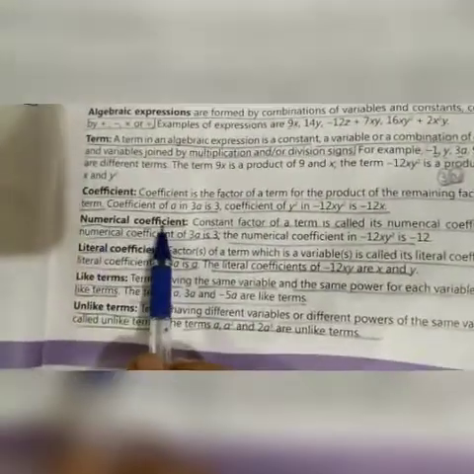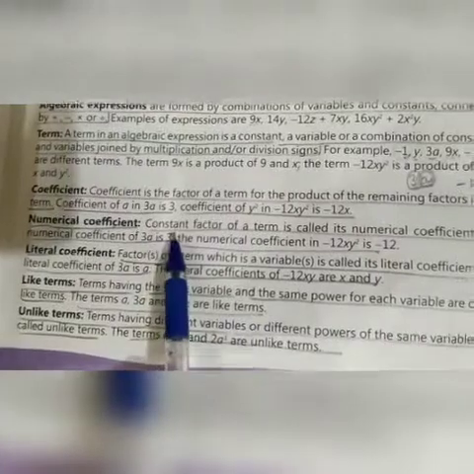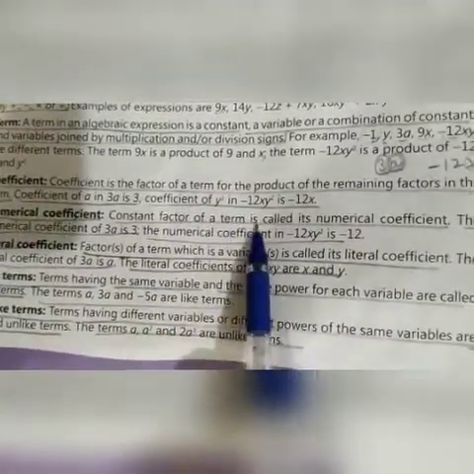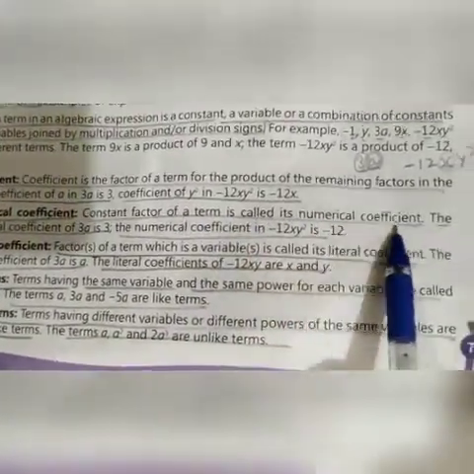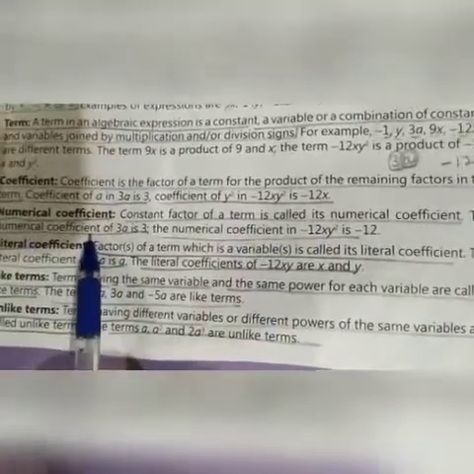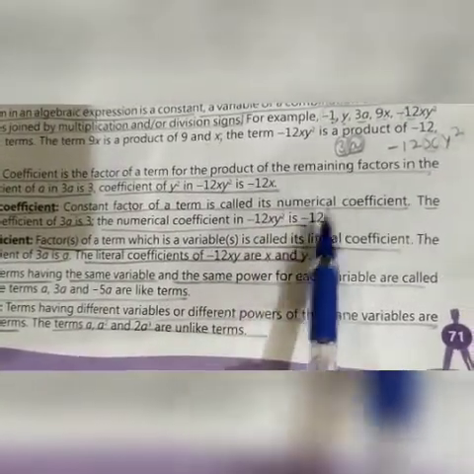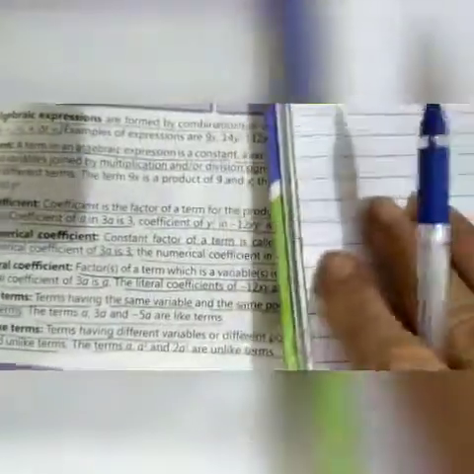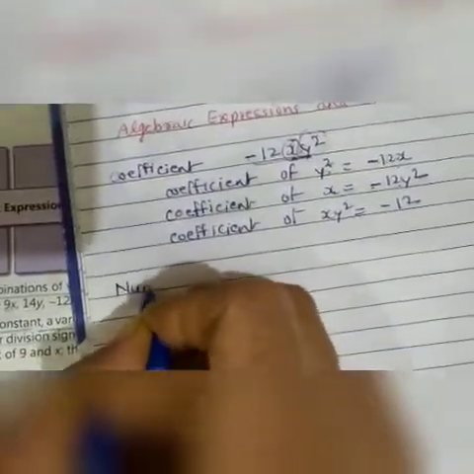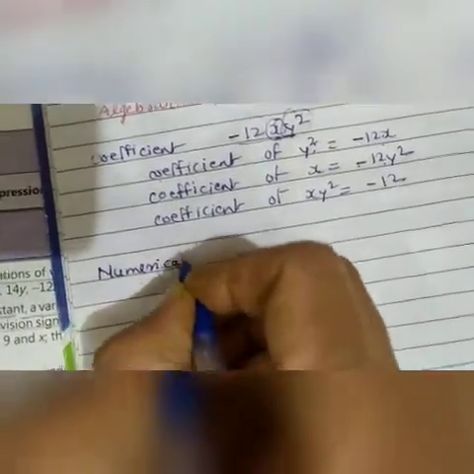Next definition is numerical coefficient. What is numerical coefficient? Constant factor of a term is called its numerical coefficient. The numerical coefficient of 3a is 3. The numerical coefficient in minus 12x y square is minus 12.